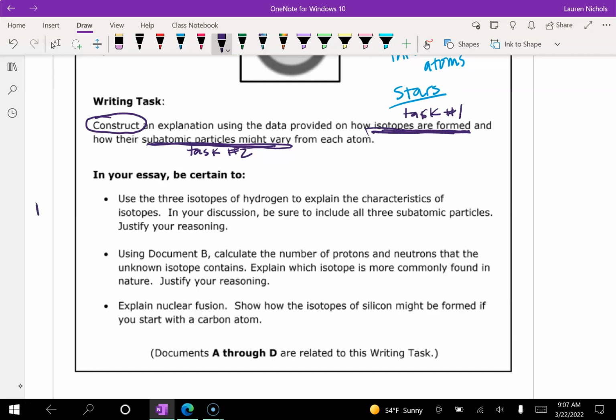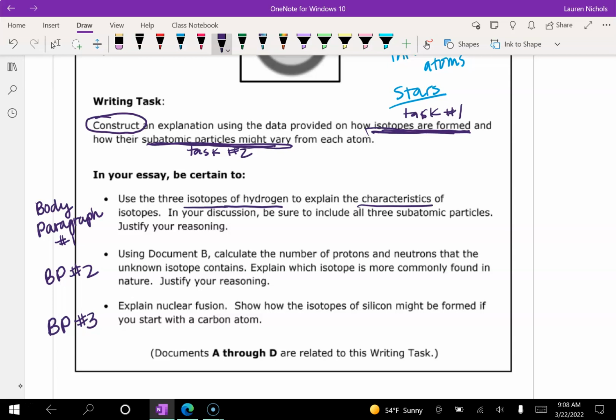Now remember, the first bullet point is body paragraph number 1. And so this means we will be able to organize our essay this way. The second bullet point should be body paragraph number 2, and the third bullet point should be body paragraph number 3. The first one says to use the 3 isotopes of hydrogen to explain the characteristics of isotopes.